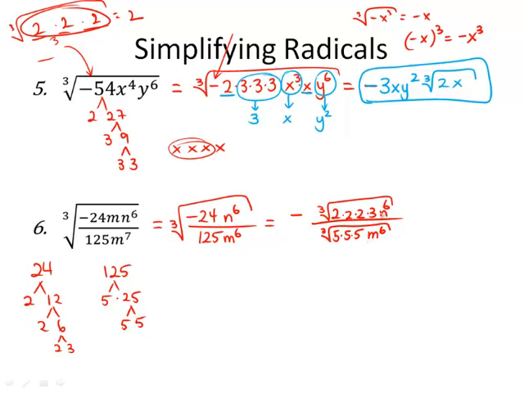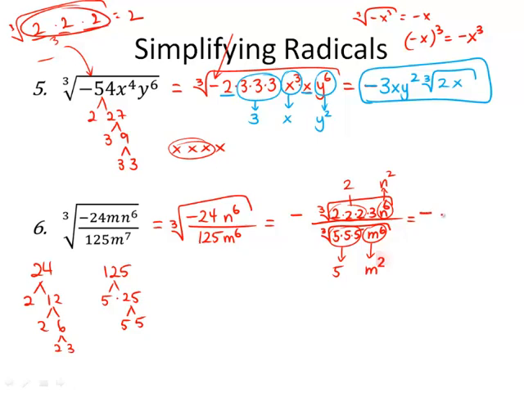Notice the sixth powers are divisible by 3, so we're good. We can find triplets within them. So we've got negative, one triplet of 2's comes out, and two triplets of n's come out, one triplet of 5's come out, and two triplets of m's come out.